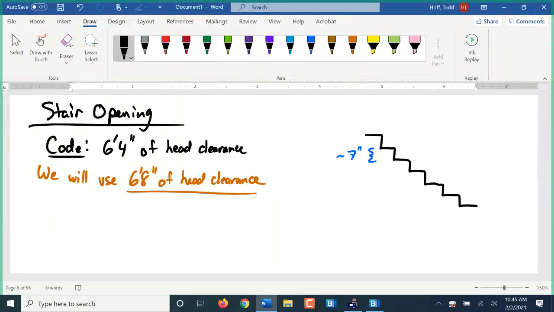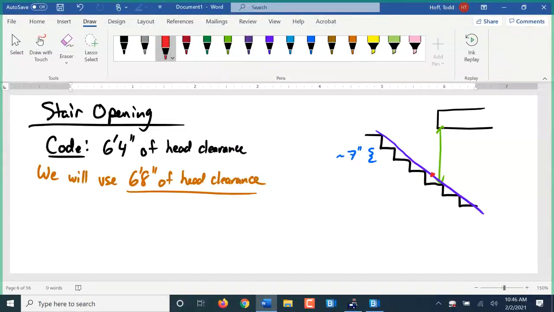So if we're doing our head clearance off of that, that extra 4 inches, if we're comparing that to the plane from the nose of the steps, that extra 4 inches covers us back to about a little over halfway to the next riser if that stair opening comes there.